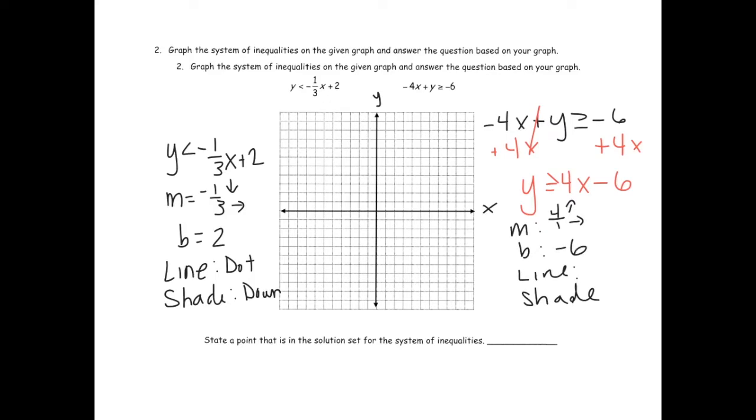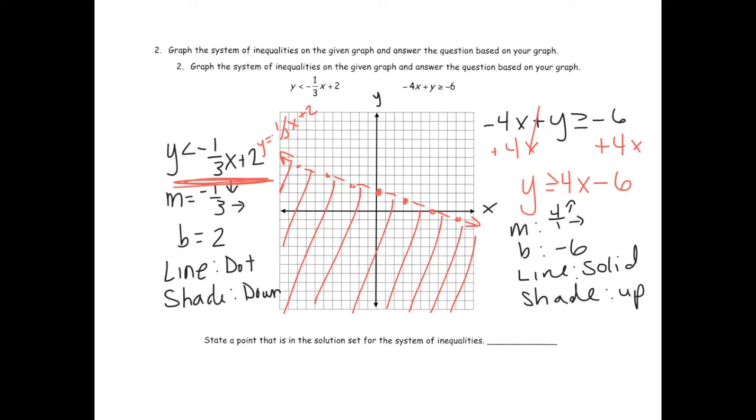Since there is a line underneath here, this is going to be a solid line. And we're going to shade up. Okay, so I'm just going to graph the first line in red. Okay, so that is my first inequality, graphed, labeled, and shaded. Let's do the next one.